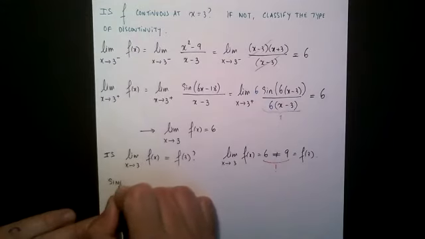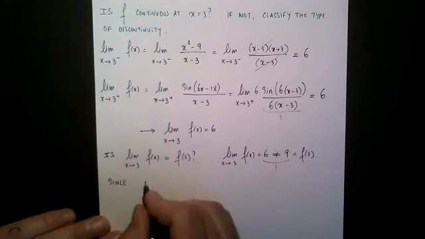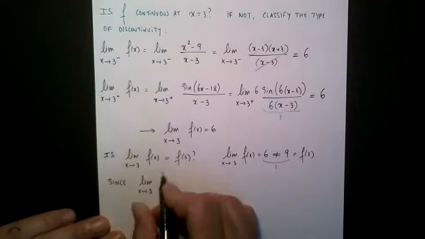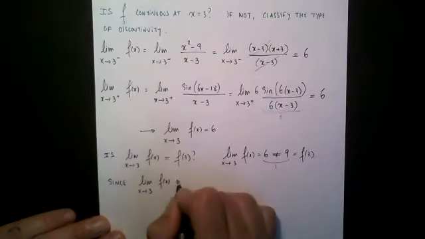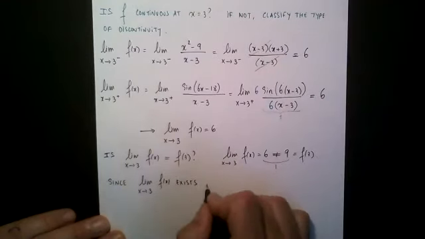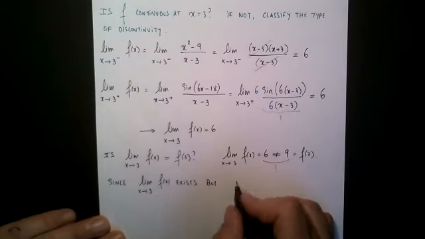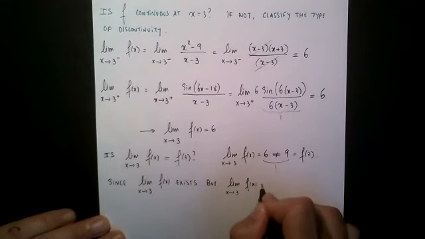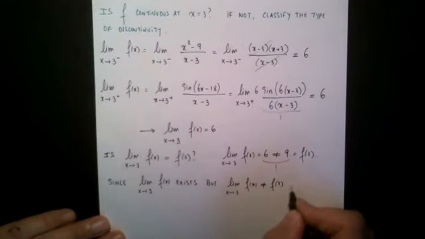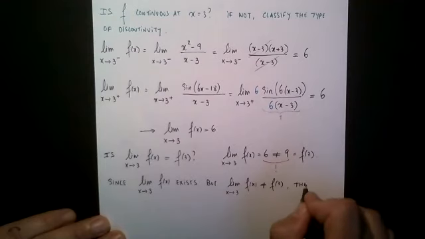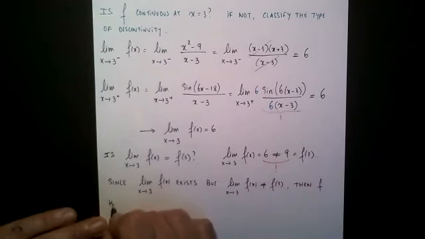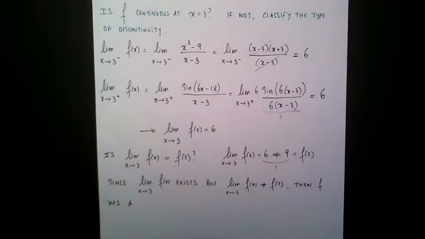Since the limit as x approaches 3 of f of x exists, but is not equal to f of 3, then f has a, so what type of discontinuity do we have here?